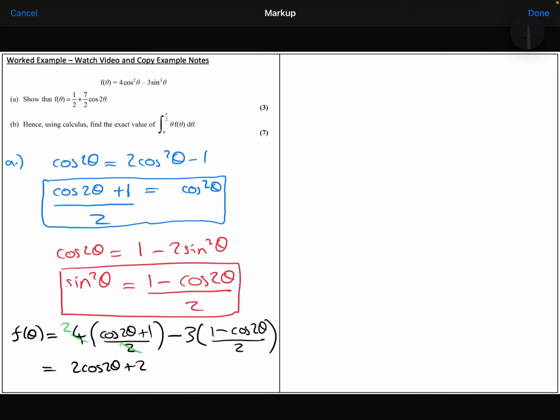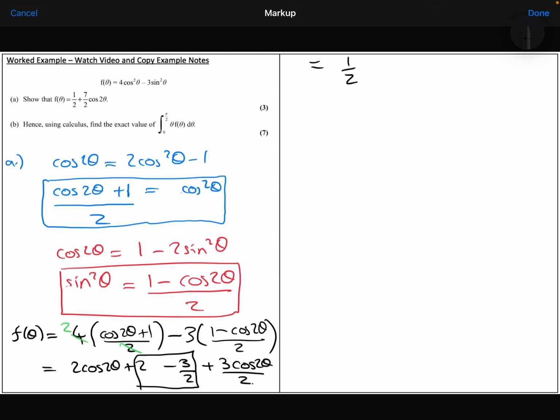Then I've got the minus 3 times 1 over 2. And then I've got the minus 3 times the minus cos 2 theta, so that's going to be a plus 3 cos 2 theta over 2. And if I now collect up the like terms, I've got the 2 minus 3 over 2, which is a half.